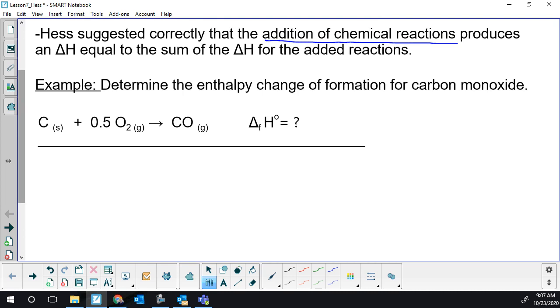So there's a reaction on the board that we can't actually determine the delta H for by itself. Any thoughts on why you couldn't run this reaction exactly as listed? It's going to be impossible. You're going to run into problems if you take pure carbon, add some oxygen, and want to get pure carbon monoxide.